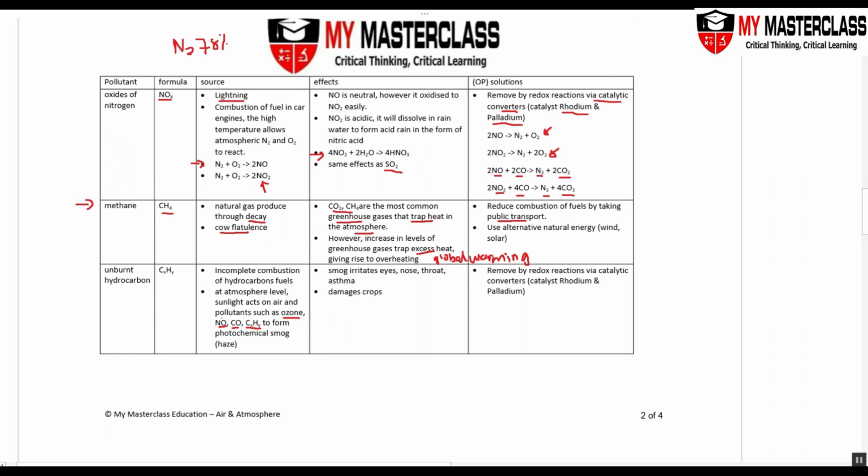And all these pollutants will join together to form what we call smoke or haze. So smoke and haze, what's the effect? It irritates eyes, nose, your throat, and it also damages crops. Okay, so same thing, what do we do with this, the NO, CO, etc.? We remove it via catalytic converters, your rhodium and palladium.